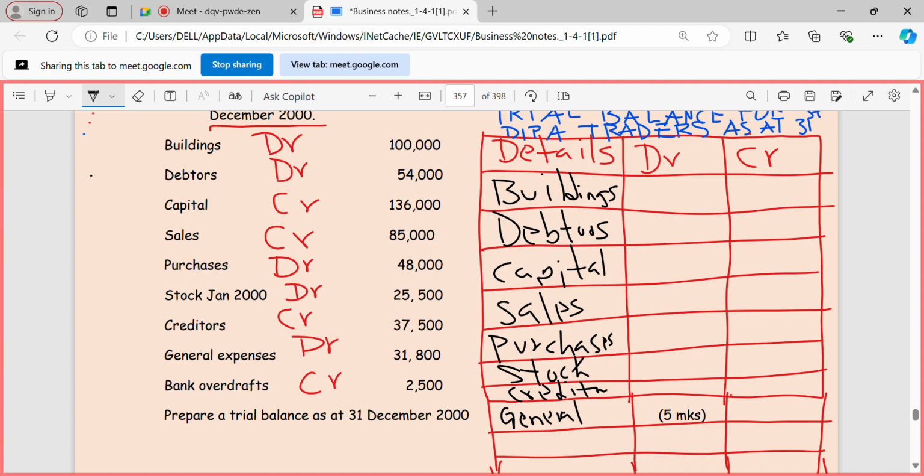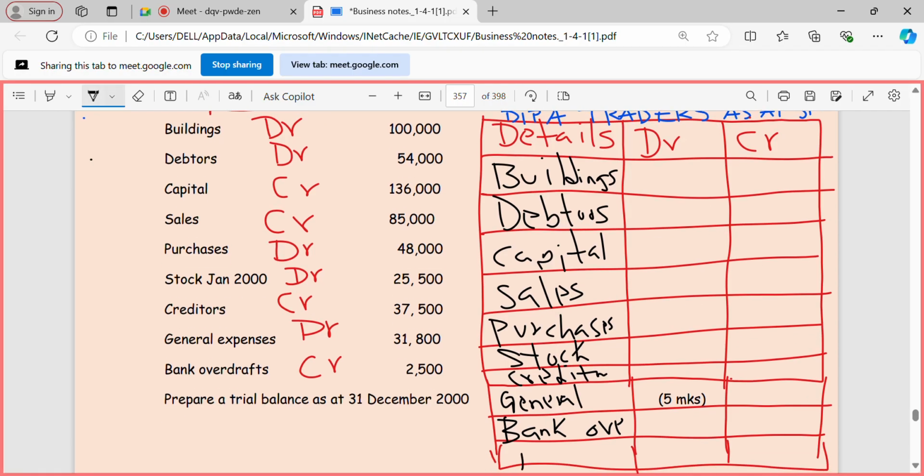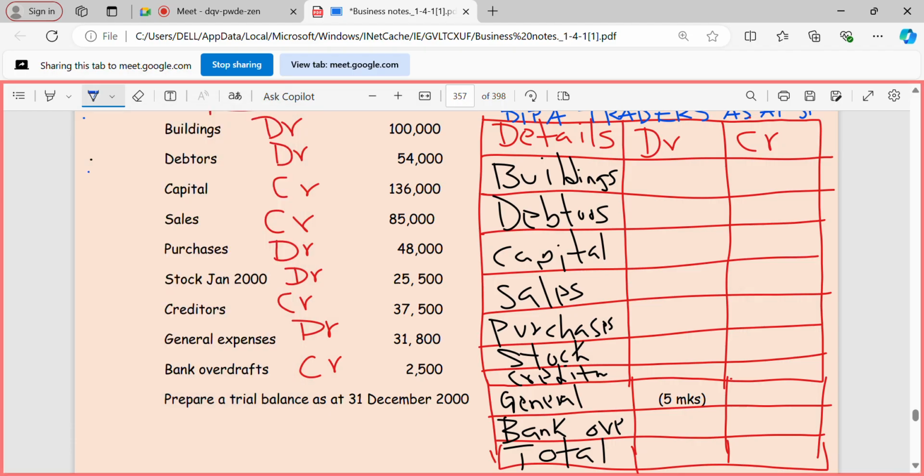So is the building the first one? Yes, it is. So we have the buildings, you write it there. We have the debtors, you write it there. You have the capital, you have the sales, you have the purchases, you have the stock, you have the creditors, we have the general expenses.